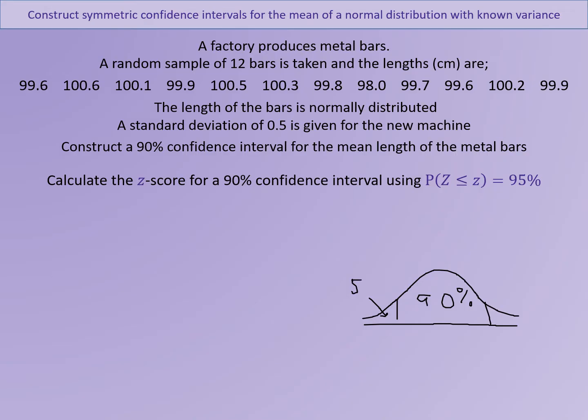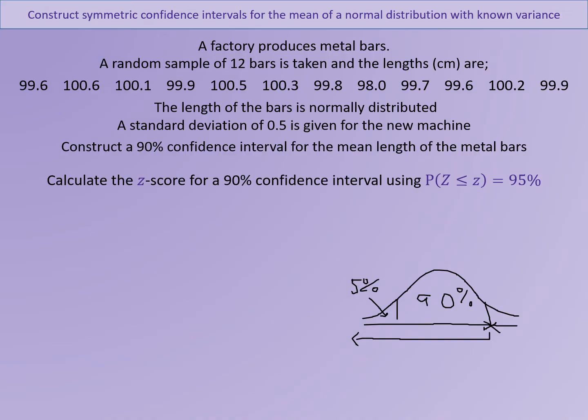Now, because that's 5% just there, I want to find this value just here. This is the important value. Now look, if you're looking for that value, you're looking for less than that value. So it's 90 plus the 5. So to use your calculator, you're going to do less than. So you're looking at the 90%, which is what we've got as a confidence interval, plus this tail here, which is worth 5%.